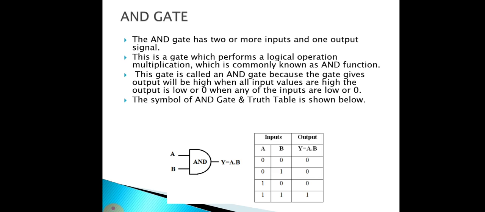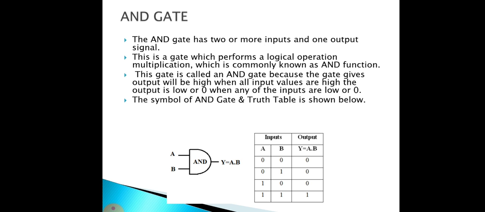This gate is called an AND gate because the gate gives output high when all input values are high. The output is low or 0 when any of the inputs are low or 0. Symbol and truth table as shown in figure.